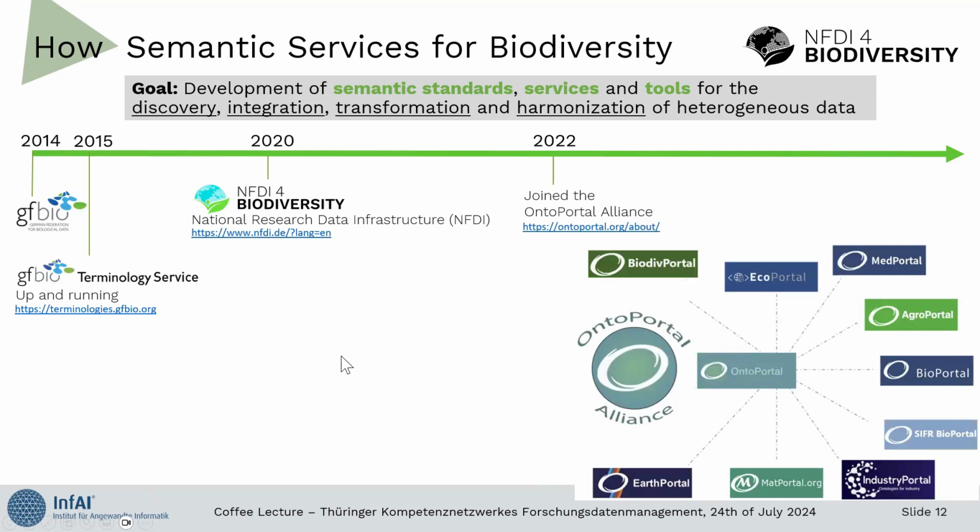And in 2022, we joined the OntoPortal Alliance, which is an alliance of many partners working on the development of semantic services or terminology services, and which are based on the same original code that comes from BiodivPortal, which is the historical portal, and many additional ones have in the meantime been deployed.